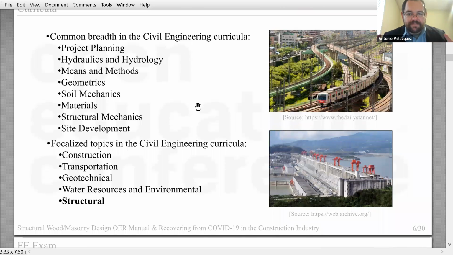The common core of civil engineering comprises project planning, hydraulics, means and methods, geometrics, soil mechanics. This is like the minors, no? The general skeleton of the civil engineering curricula. And then we have focalized niches such as construction, transportation, geotechnical, water resources, environmental, and structural.